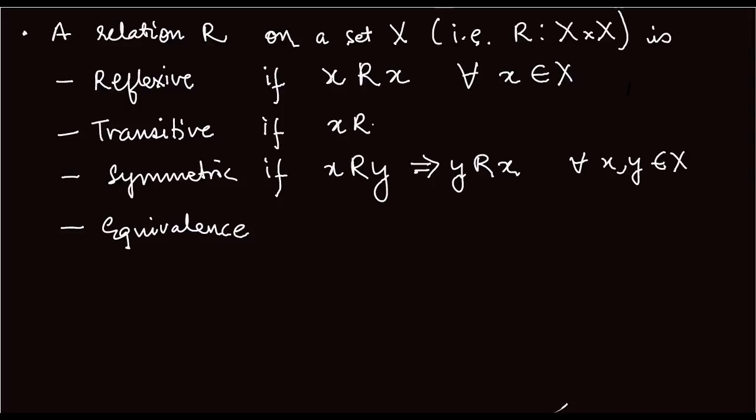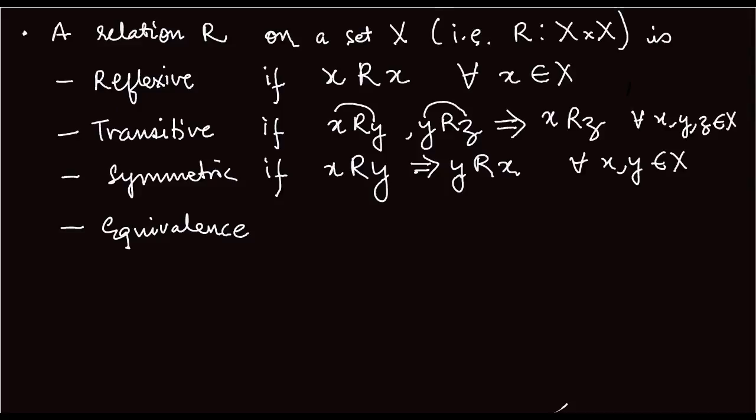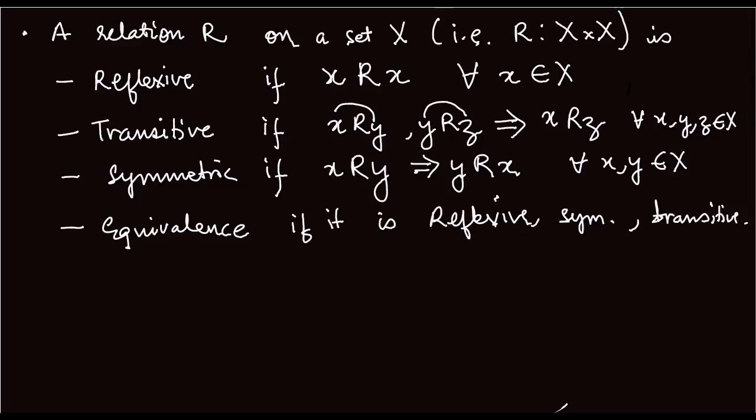Transitive: if x is related to y and y is related to z, and these two imply x is related to z, this means the relation R is transitive, for all x, y, z belonging to X. And it will be equivalence if it is reflexive, symmetric, and transitive.